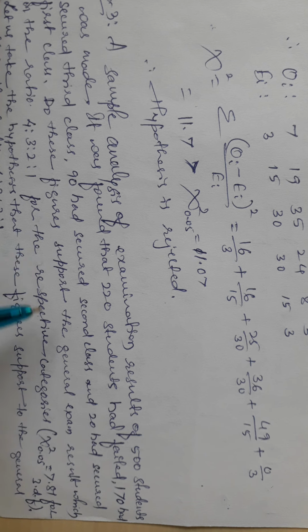Do these figures support the general exam result, which is in the ratio 4, 3, 2, 1 for the respective categories? Here the chi-square at the 5% level of significance is 7.81 for 3 degrees of freedom.